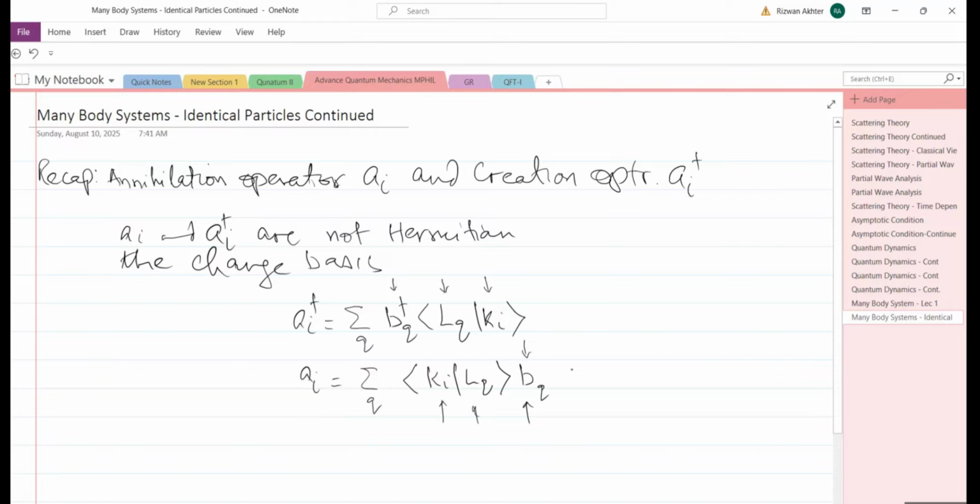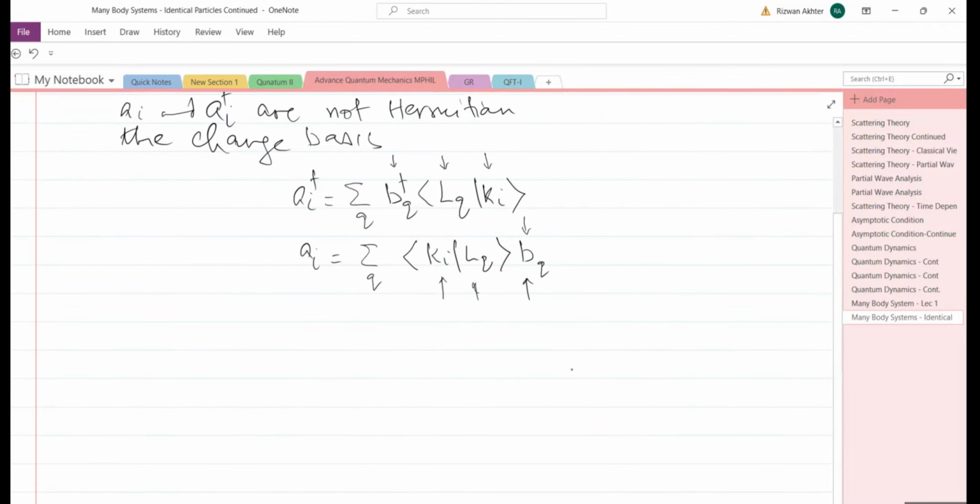So this is basically the change of basis from the old basis to the new basis, and with it we also change the operators.